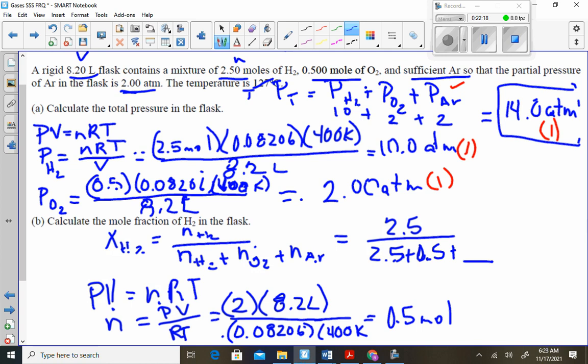And that should actually be three sig figs, so we can add our half a mole.